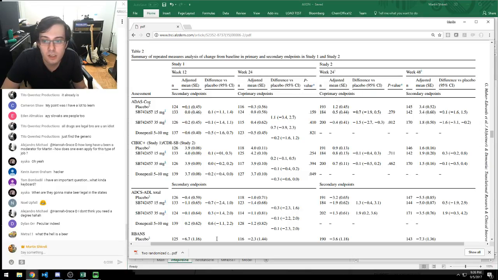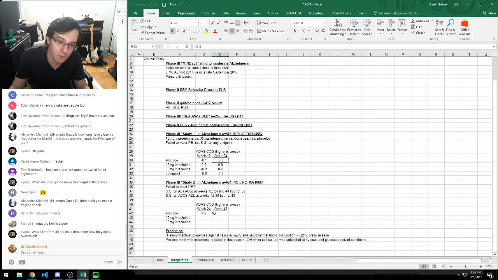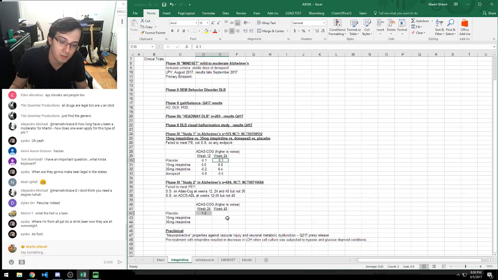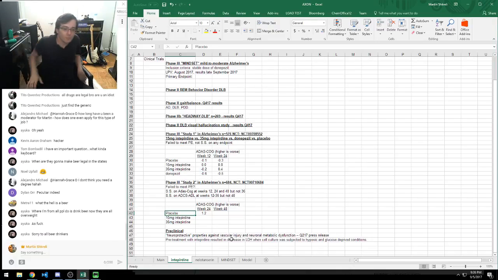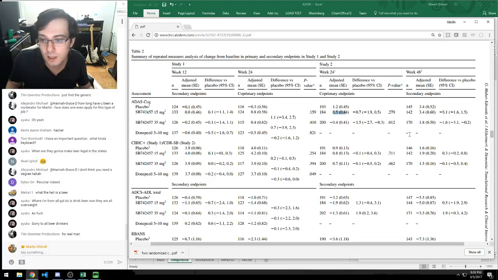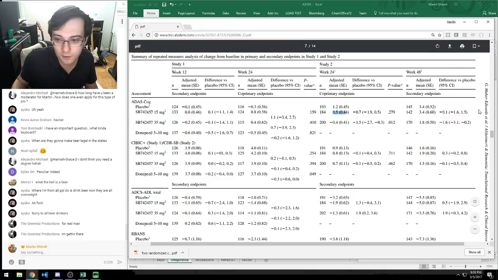So placebo goes up 1.2 at week 24. And you can see in the other study, it went down 0.3. So it's kind of funky because these should be the same, basically, right? Although in this study, the patients are on background donepezil. So it's a little strange. On 15 mgs, it went up 0.5. And then on 35 mgs, it went down 0.4.